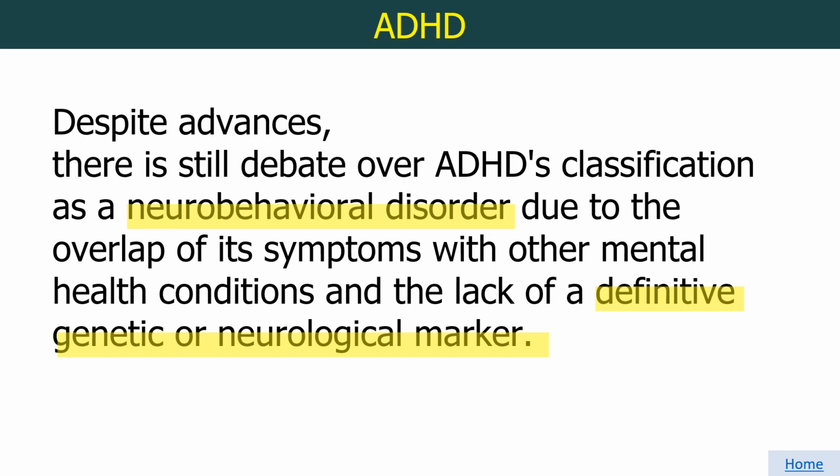Now, I have highlighted the word definitive. What we're saying at the moment is there is probably debate about whether there are differences in our brain chemistry, like pathways, sizes of the various lobes in our brain, etc., or whether there's a genetic marker. We haven't found a genetic marker yet, but we probably have found neurological differences in the brain.